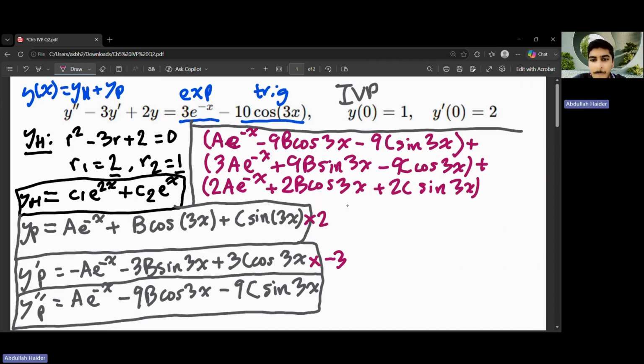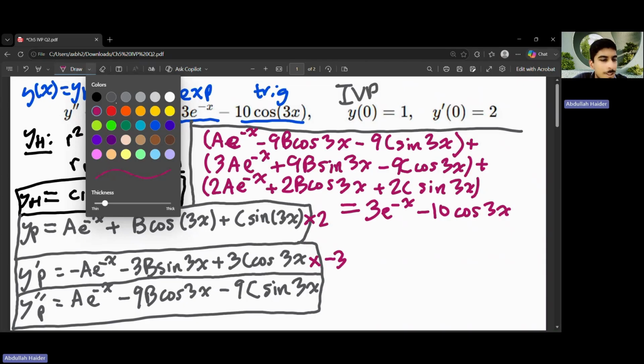All of the above is equal to 3e^(-x) minus 10 cos 3x. Now we equate the same terms.